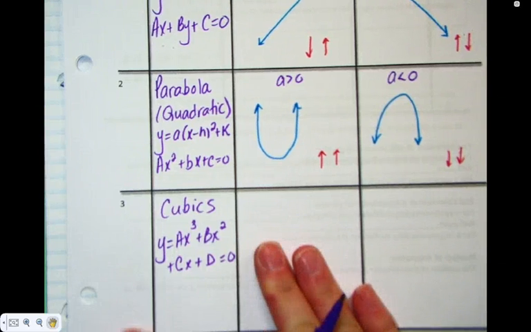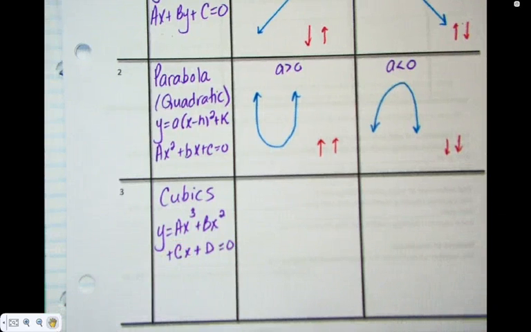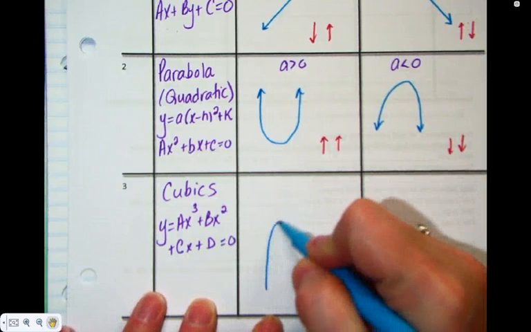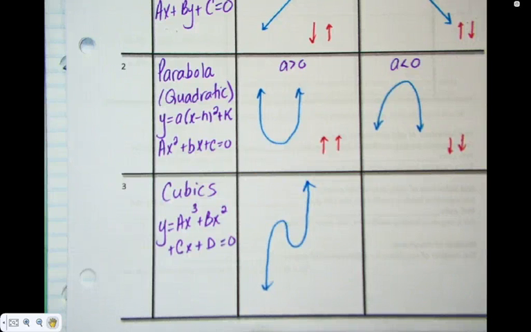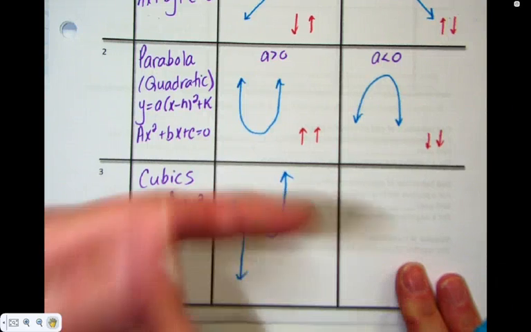And so a positive leading coefficient means this a value is positive, versus when it's negative. So these you haven't really seen a lot of, so I'm going to draw it for you. When the leading coefficient is positive, it starts from the bottom, it has a max and a min, and then ends at the top. So it's got that snaky feel to it. What about when the leading coefficient is negative? Well, that's just this flipped upside down.